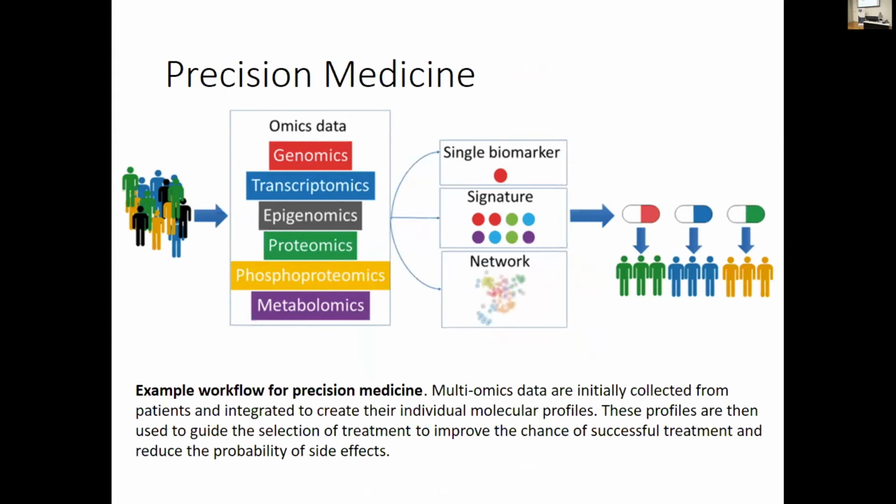This is a very simple workflow of how precision medicine works. We generate multi-omics data from a population, but instead of the common practice that has been there for years, where we have a population and prescribe some sort of treatment for the population, it will work for the majority of them, let's say about 50%, but for many of them it fails because it just goes with the rule of the average of the population.